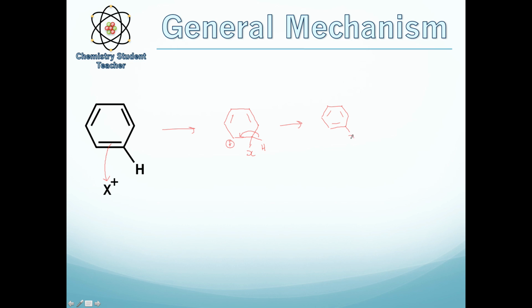And still got the X there. The bond between the carbon and the hydrogen has gone over, donated 2 electrons between the 2 carbons, and a proton is given out. So that's your general reaction mechanism, where X plus could equal Br plus, Cl plus, or any other thing that you're using, such as this tertiary carbocation.